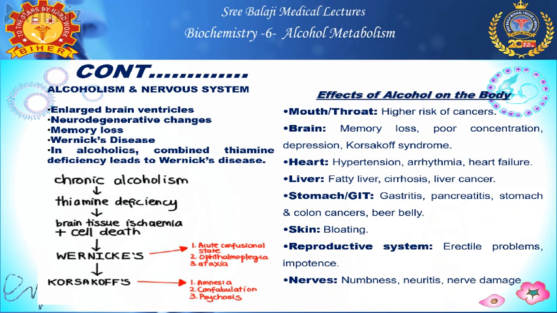So that will lead to Wernicke syndrome. Wernicke syndrome is the early stage of thiamine deficiency. The symptoms of Wernicke syndrome are acute confusional state, ophthalmoplegia, ataxia. If untreated, Wernicke syndrome can lead to Korsakoff syndrome. The symptoms of Korsakoff syndrome are amnesia, confabulation, psychosis.